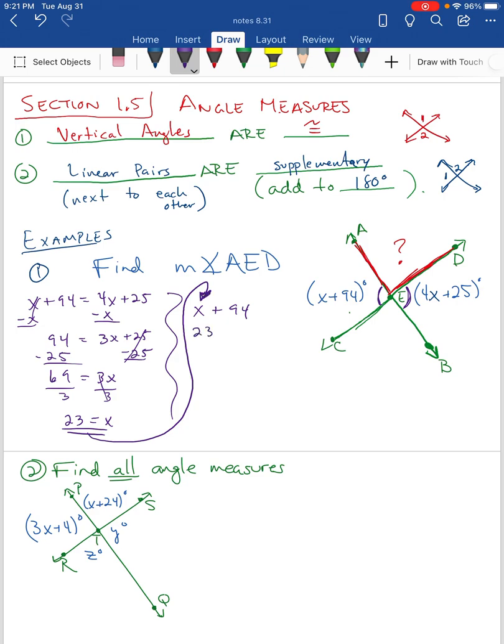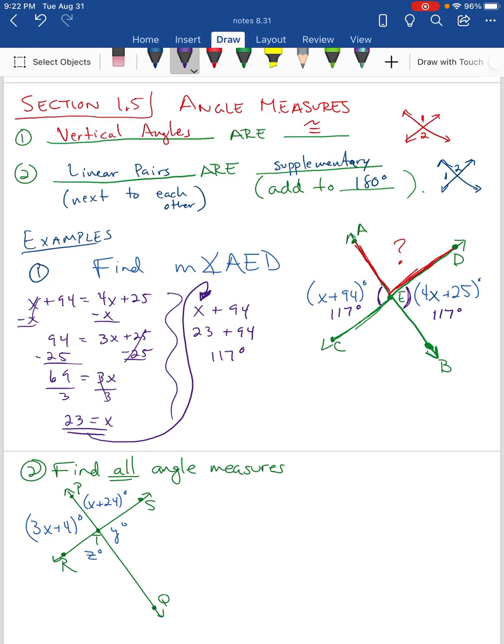So this is 23 plus 94, which gives me 117 degrees. So this angle to the left is 117 degrees, which means that the angle directly across from it, since it's a vertical angle, is also 117 degrees. Remember that vertical angles are congruent, so they are going to be equal.